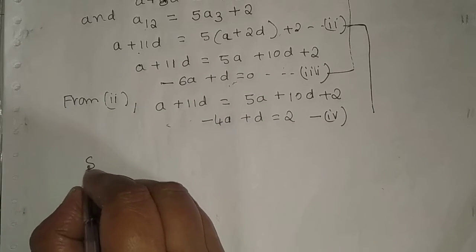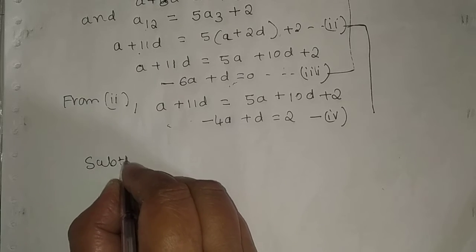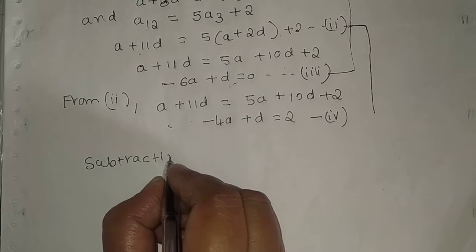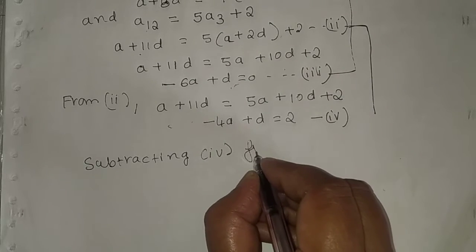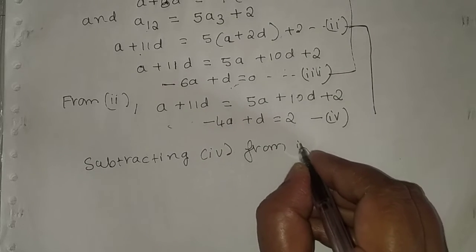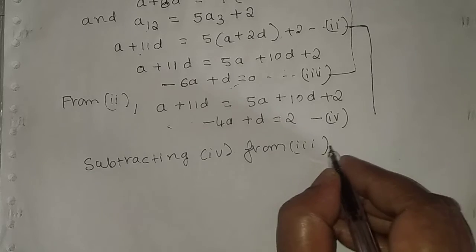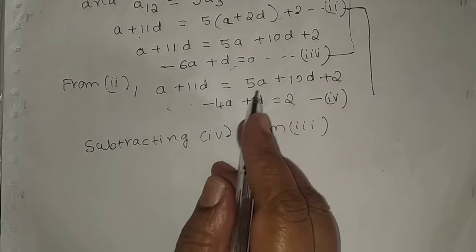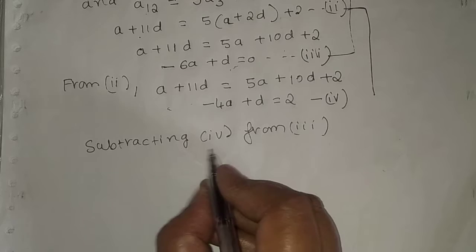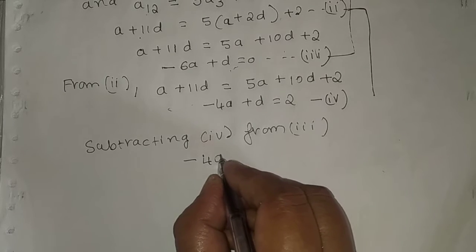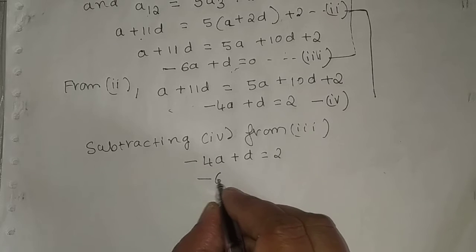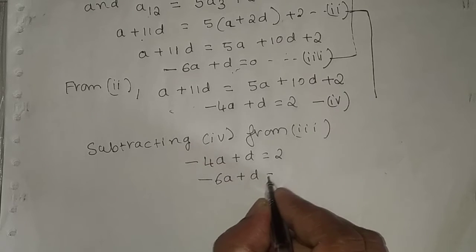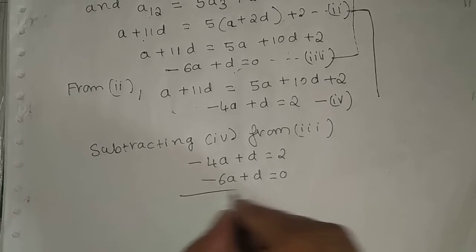So now subtracting 4 from 3. Take both the expressions we got simplified. Write down here: minus 4A plus D is equal to 2, then minus 6A plus D is equal to 0. We'll simplify this.